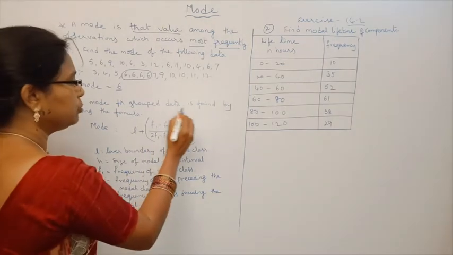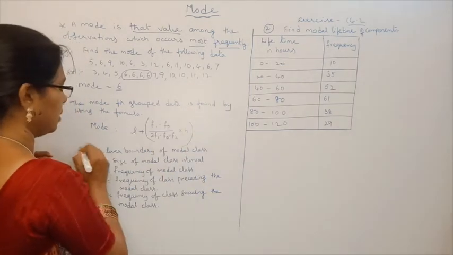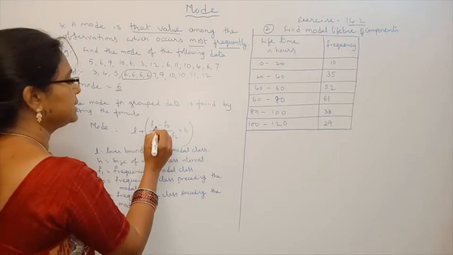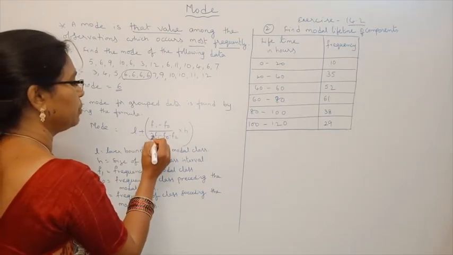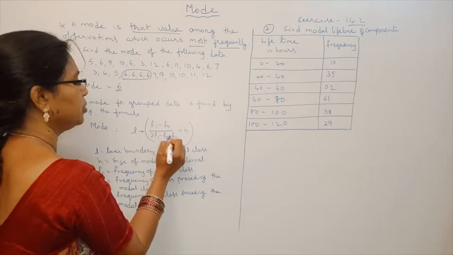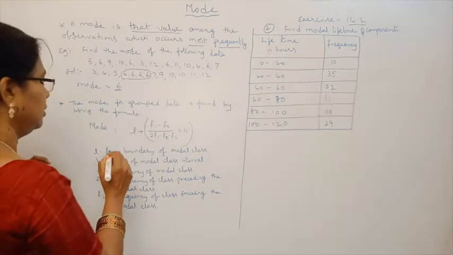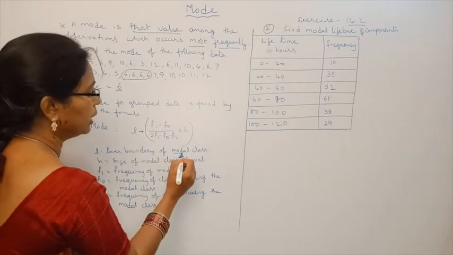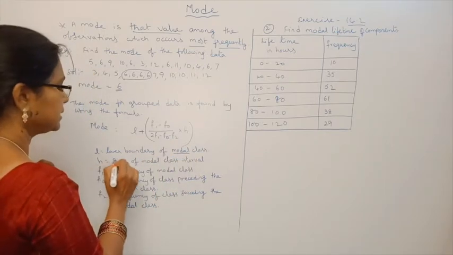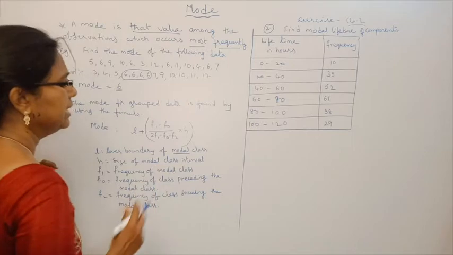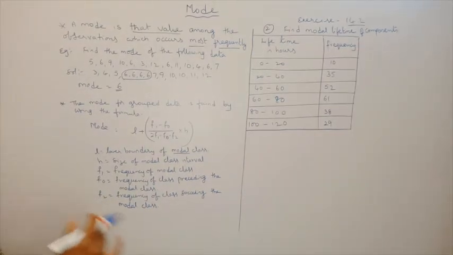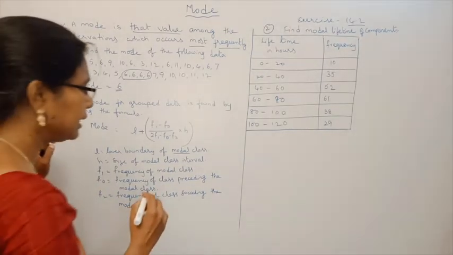The mode for grouped data is found by using the formula: Mode is equal to L plus (F1 minus F0) by (2F1 minus F0 minus F2) into H. What is L? Lower boundary of the modal class. H, the size of the modal class interval. What is the modal class?